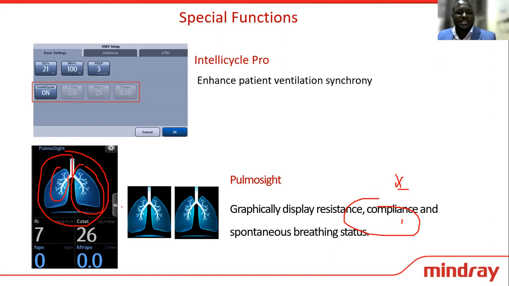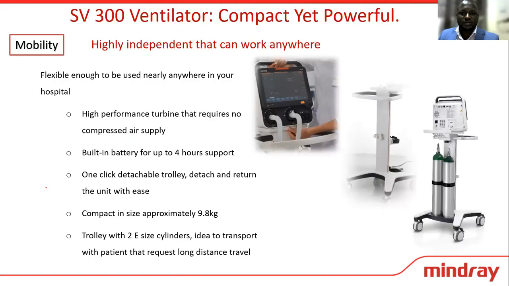And also, in case the patient has an effort of breathing, you're able to see the spontaneous breath on your patient through this display on the SV300. These are very good features that will help you know that your patient is doing well, and this will really improve the efficiency of how you work in these critical care setups.